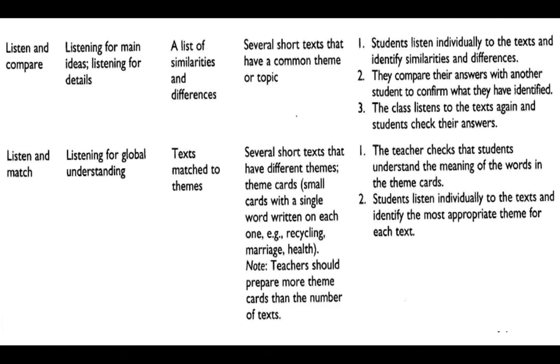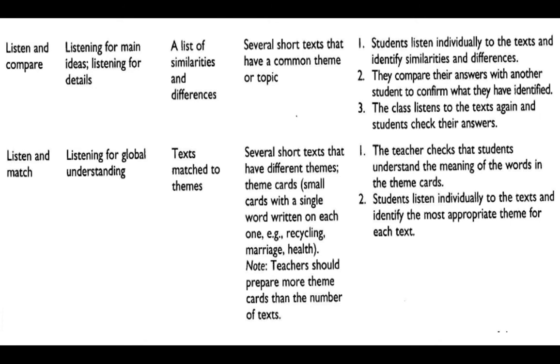Number 2, they compare their answers with another student to confirm what they have identified. Number 3, the class then listens to the text again and checks their answers. Oh, this is just brilliant tasks that you can use in the classroom.